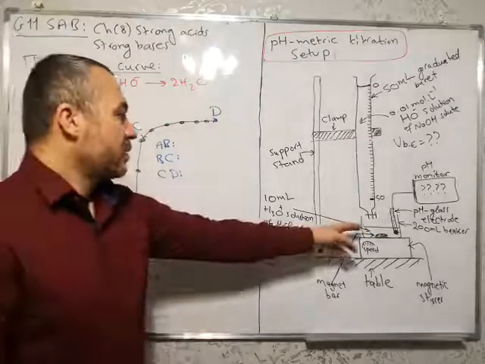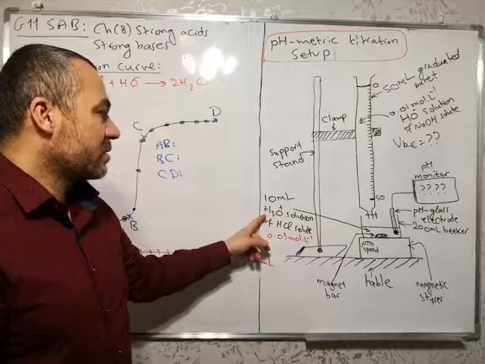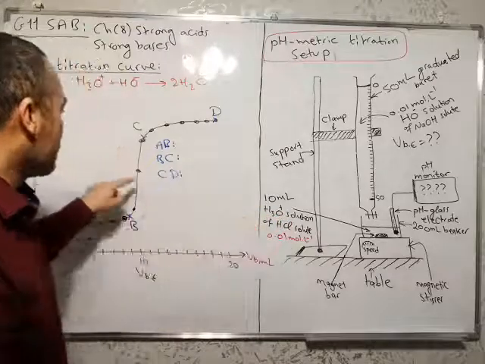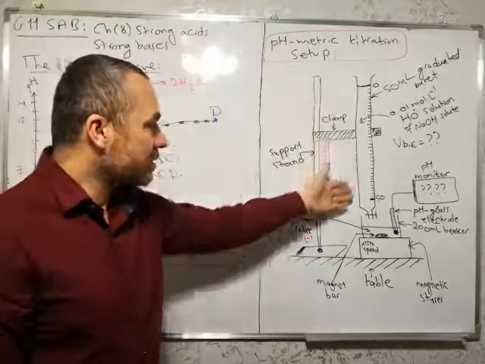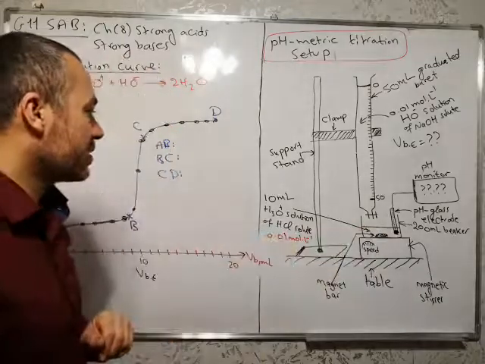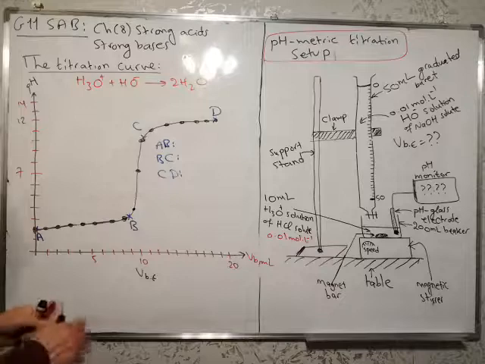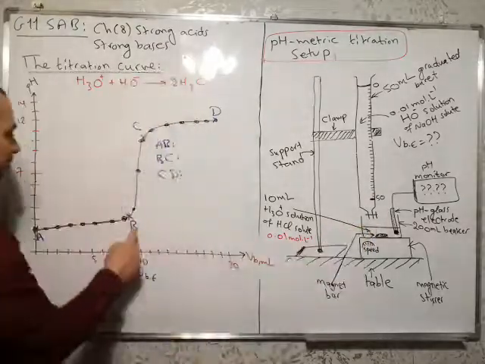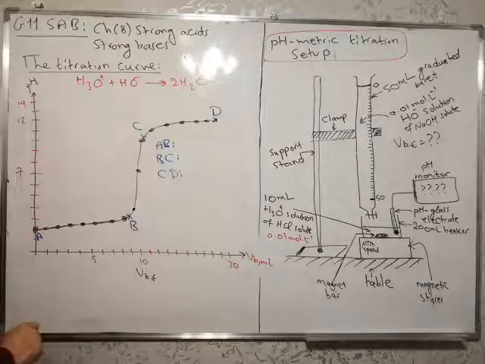Then the remaining is a strong acid. Here we are talking before the equivalence point, this one. Then the added solution is the limiting reactant, while the solution in the beaker is the excess reactant. That's why the remaining in this beaker before the equivalence point is acid.